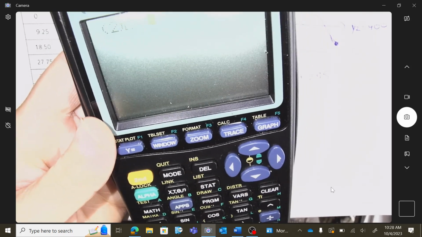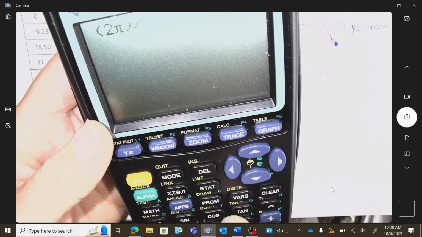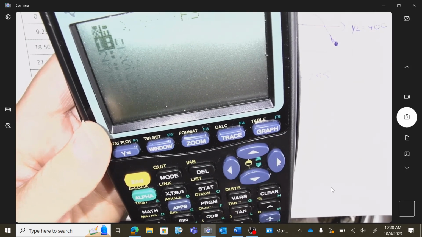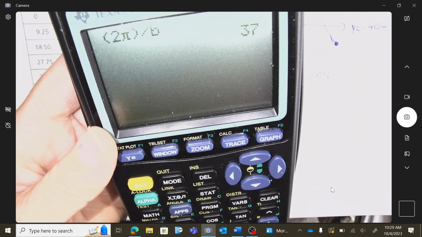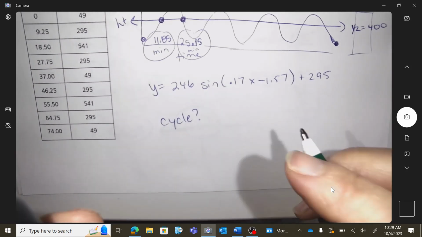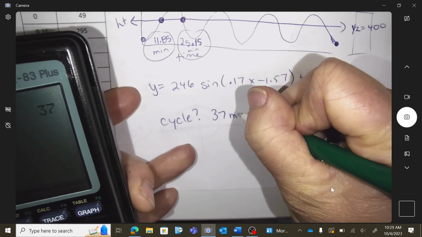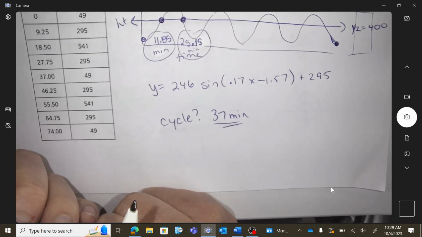You can still do max to max or min to min if you need to, but this would be, for me, a little bit faster. I got 37 minutes to do the ride.